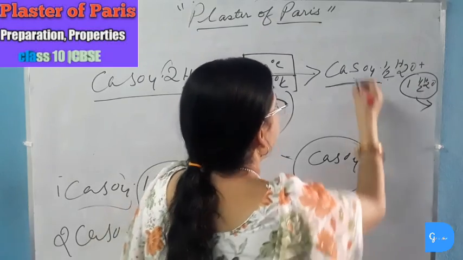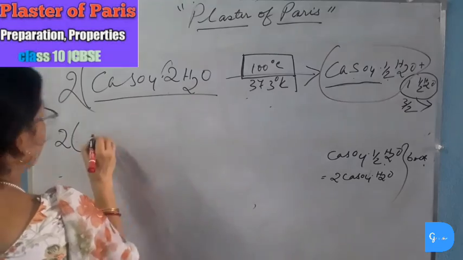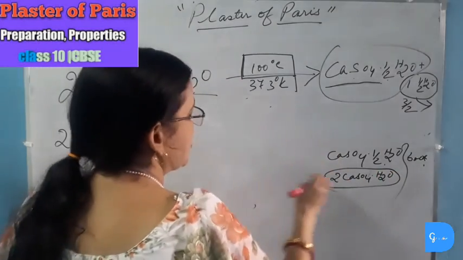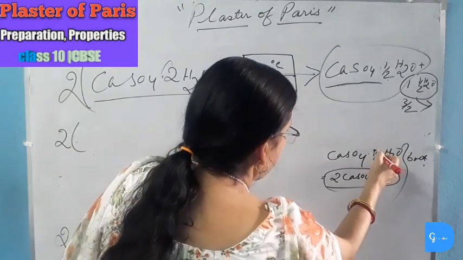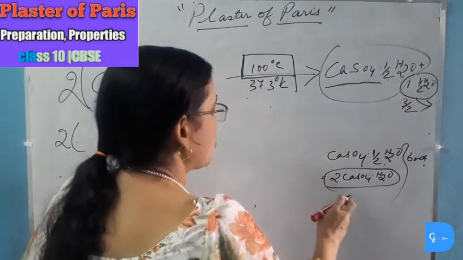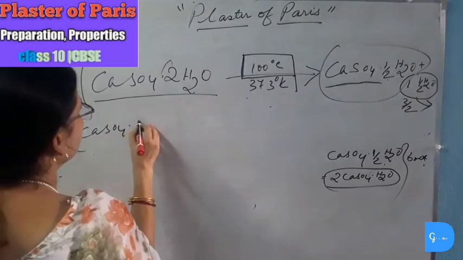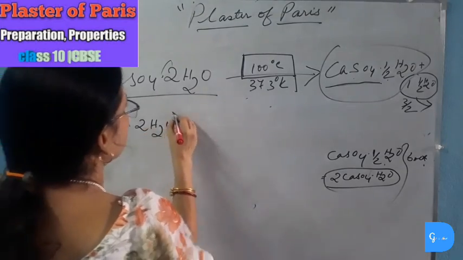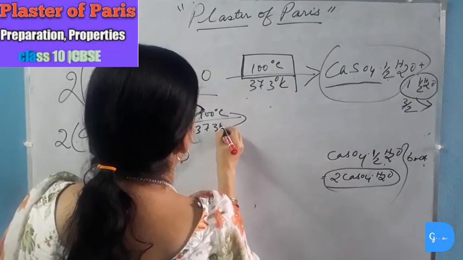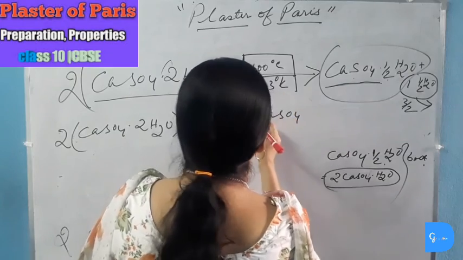These two are the same. Now if we multiply this equation with 2, we will get this (CaSO4)2 H2O, which is also plaster of Paris, because it is very difficult to get half a molecule of water of crystallization and it is very difficult to write also. So we make it a whole number. 2 CaSO4 2H2O, when heated at 100 degrees centigrade or 373 degrees Kelvin in a kiln, gives (CaSO4)2 H2O.